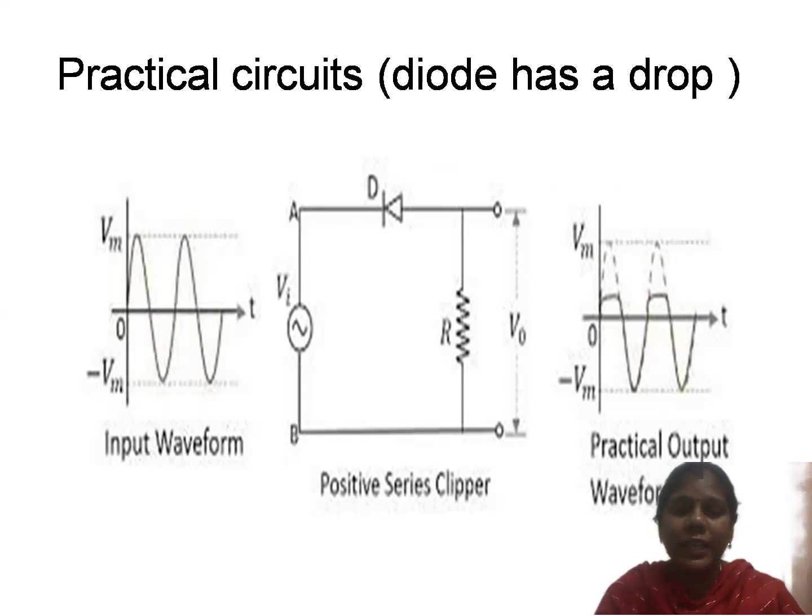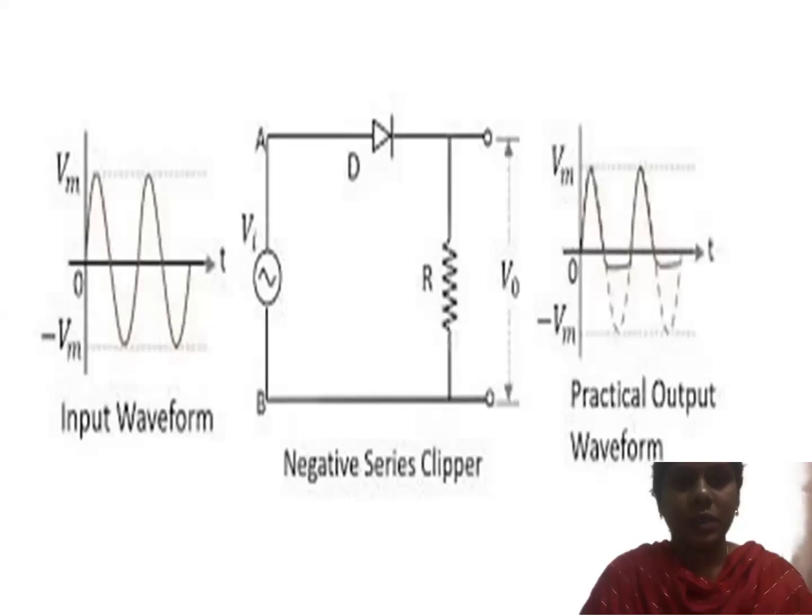This can be seen in practical applications. Whereas if a negative cycle is applied to the diode D, now the diode D acts as forward biased and the output will be equal to the input. The same way we can see for the negative series clipper also.